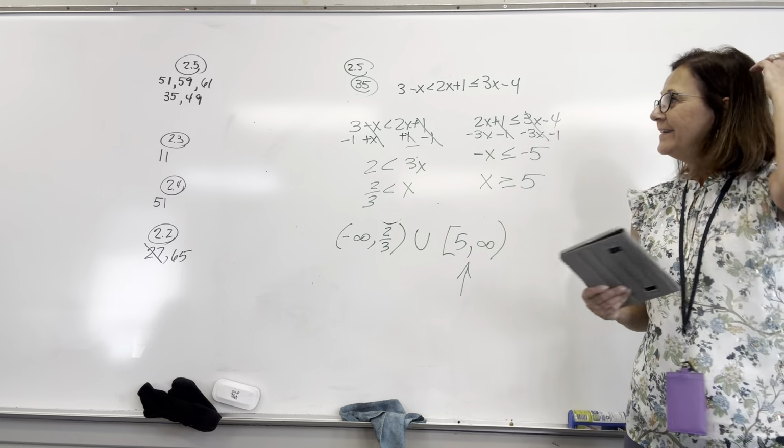This was 47, or 35. We did 35 a minute ago. So it couldn't have been between negative infinity and 2/3, because if you plug in 0 it gives you 3 is less than 1. I think your book's wrong.